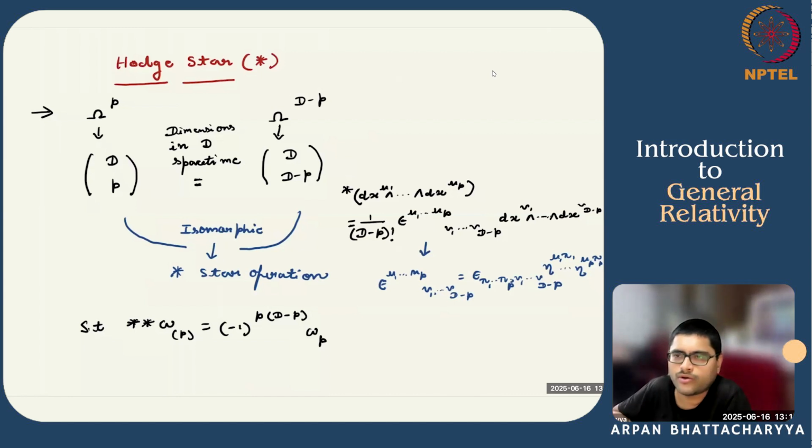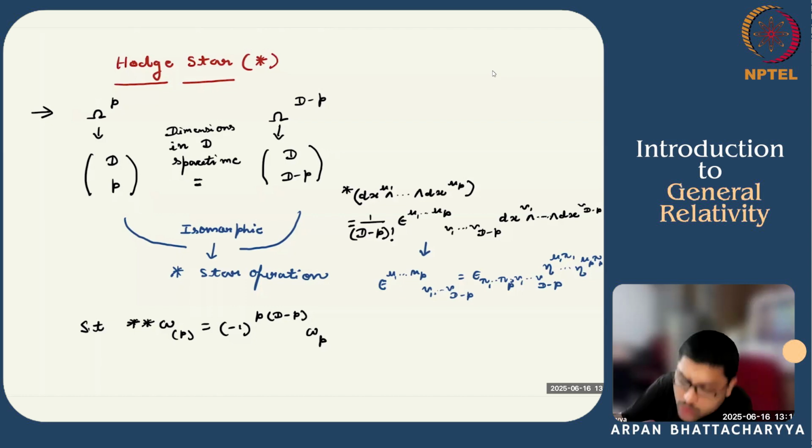Now we go on to the next operation, which is the Hodge-Star. Note that the dimension of this omega p, that is the space of p-forms in D space-time dimensions, is nothing but this. Also note that if you have D minus p forms, the dimension of the corresponding vector space is nothing but this, given by this binomial coefficient, and we know that these two are the same.